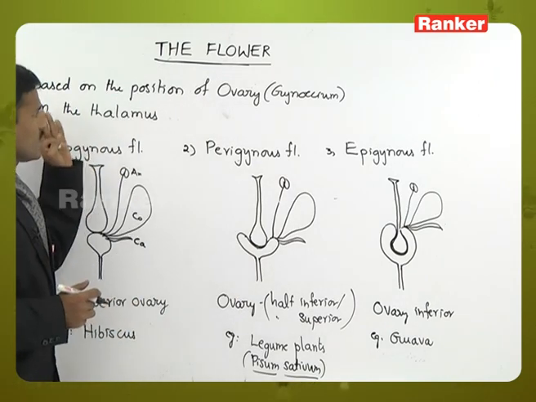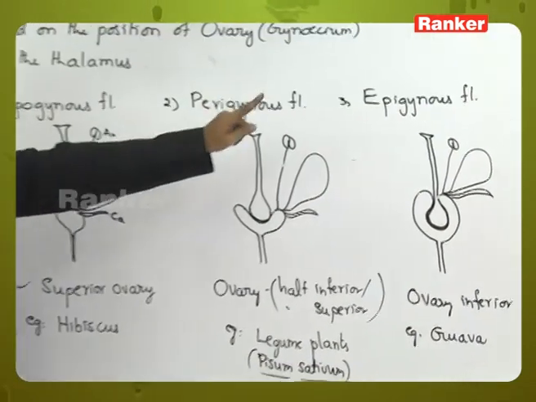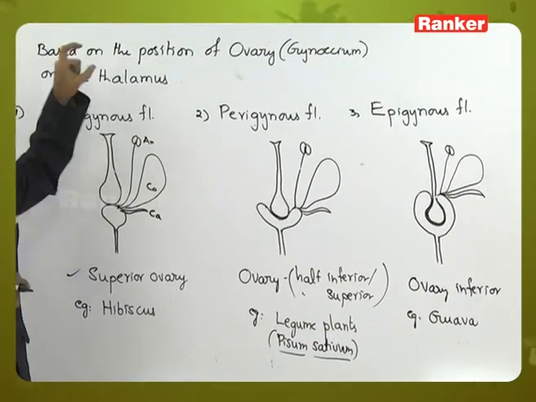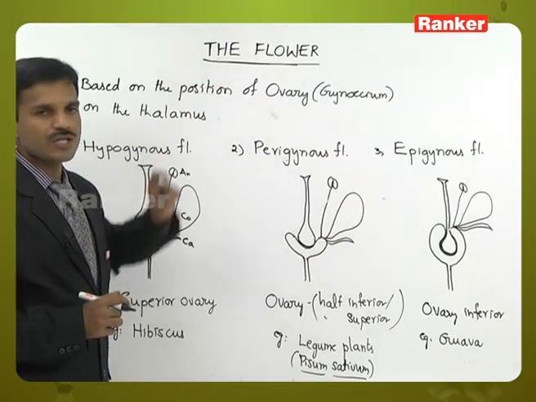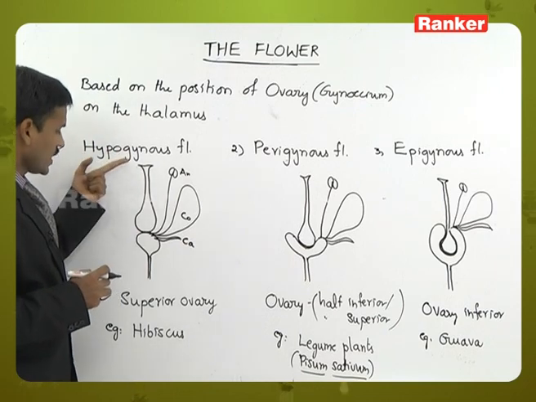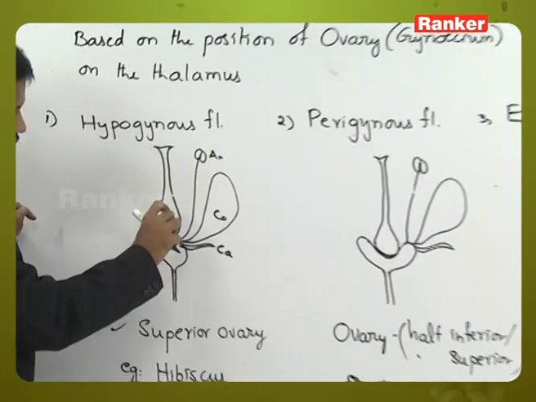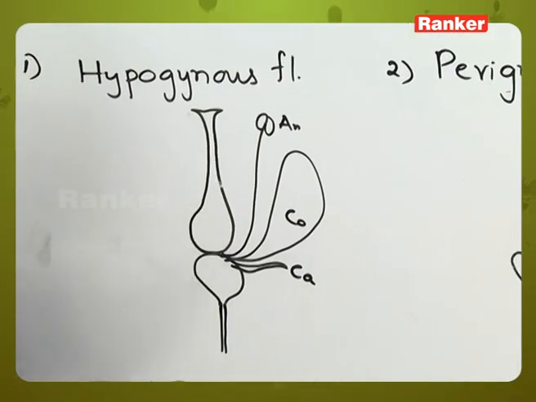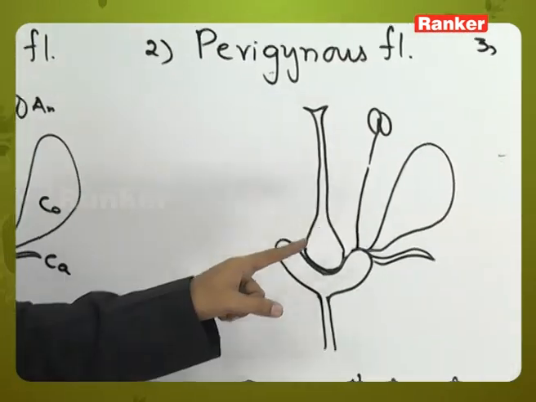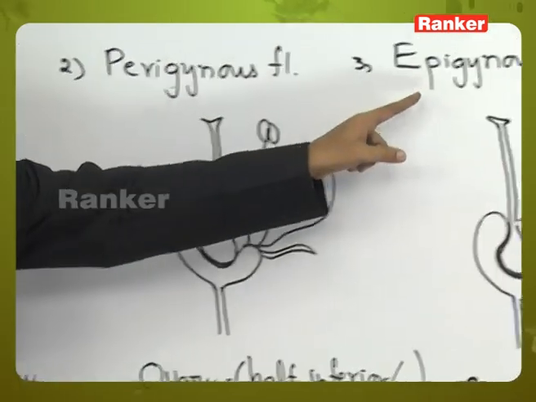So the flowers are of three types: hypogynous, perigynous, epigynous, based on the position of ovary or gynoecium on the thalamus. Here it is a hypogynous flower having the superior ovary, with remaining floral parts attached below the ovary. In the perigynous flower, the floral parts are attached on the rim of the thalamus, all at equal level.